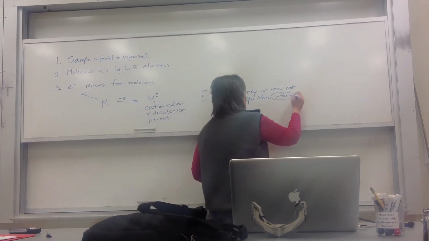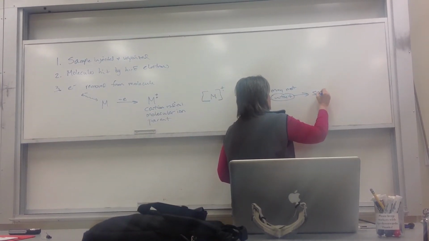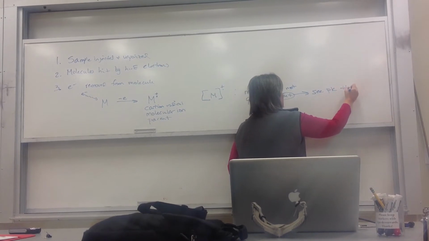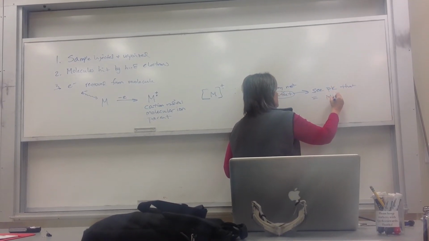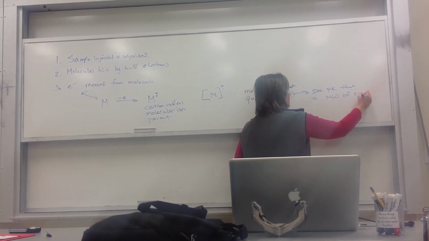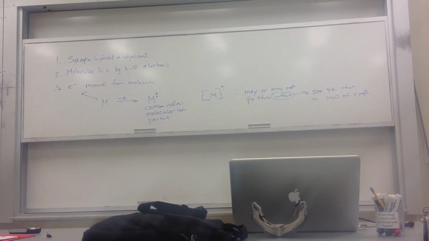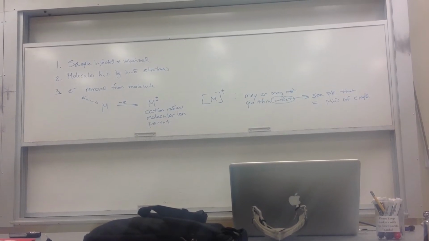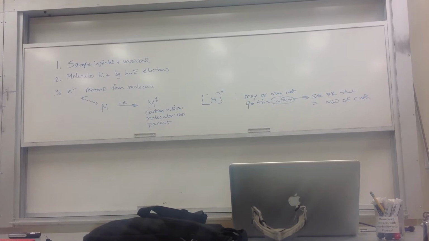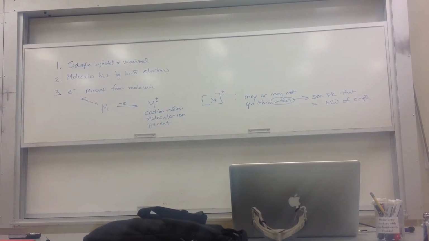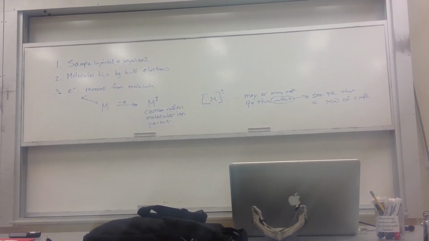So if it is intact, it will show up as a peak that will equal the molecular weight of the compound. And oftentimes, some of them make it through intact. Sometimes none of them do, and there is no parent peak, they call it. Sometimes some of them do, but most of the time the thing goes apart. It's just too unstable.